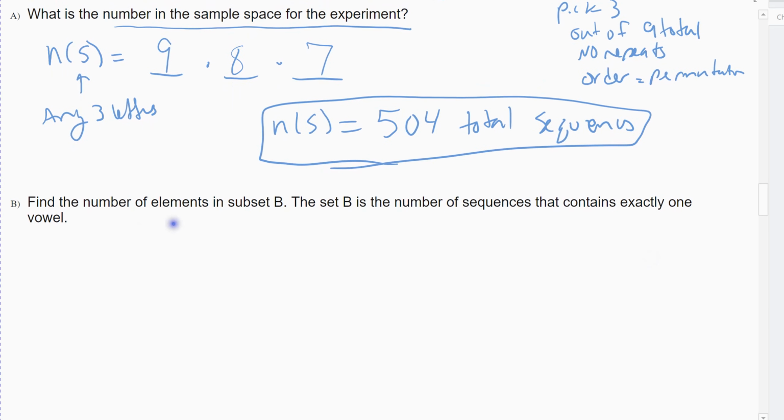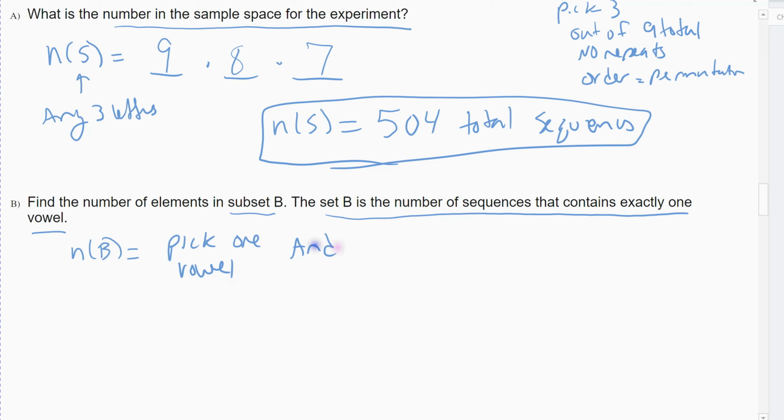Right, find the number of elements in the subset B, where set B is the number of sequences that contain exactly 1 vowel. So now I'm looking for a subset, an event, right? Subset. So number in my subset B. Right, I want to pick exactly 1 vowel. So I'm going to pick 1 vowel. I start with what I want. Pick 1 vowel. And then it didn't say when I picked it.